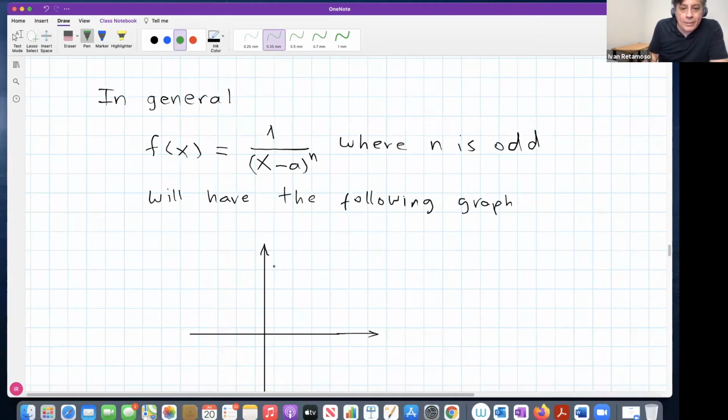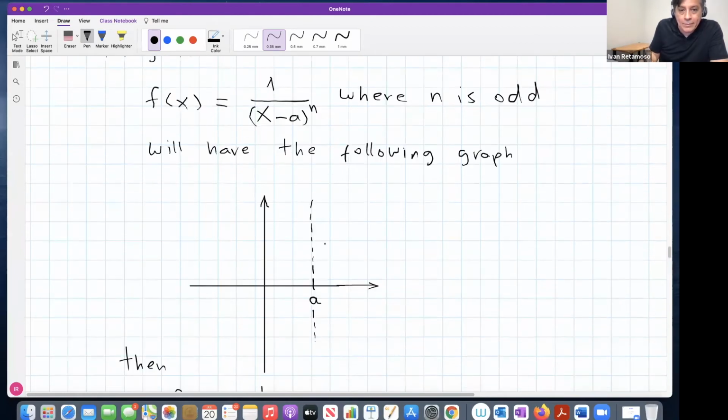It will resemble what we had before, this way. But there is a shift here, a units to the right. So a will be here. You shift your graph to the right a units if a is positive, and you will get something like this.